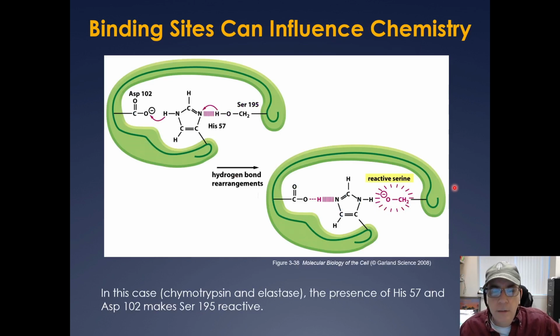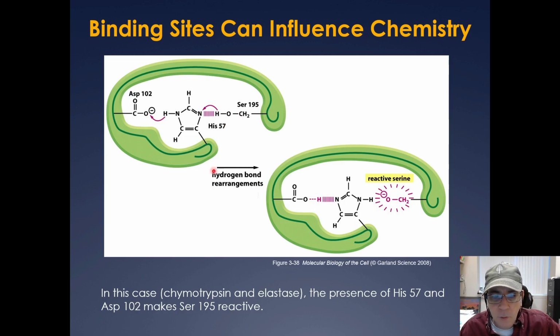Now, oftentimes the binding site can also influence the chemistry, okay? You can have amino acids that are a little ways away from where the active site would be, but these can actually influence the chemistry.